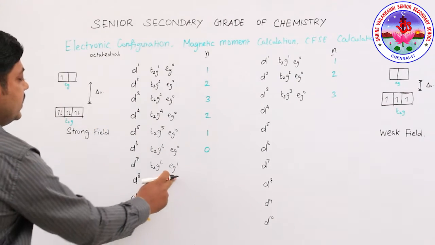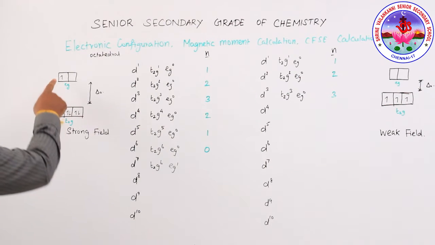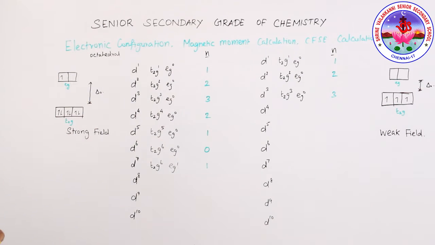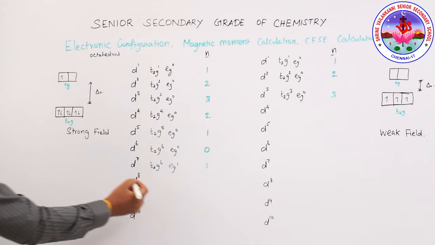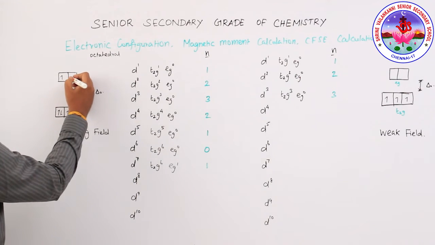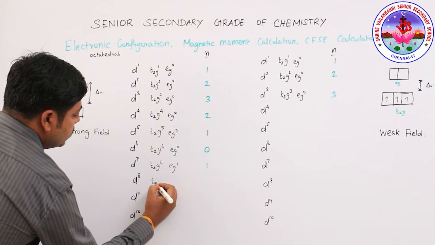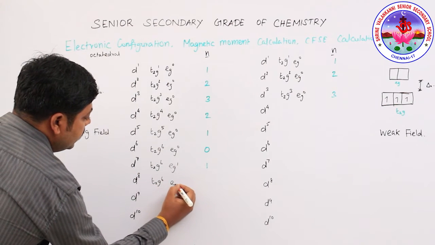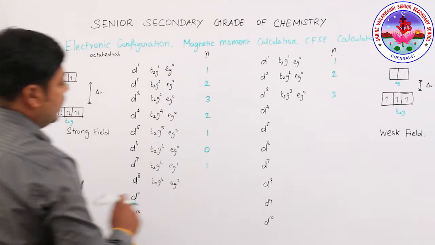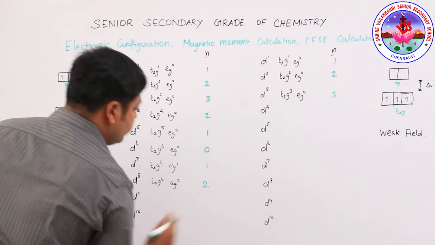So T2g 6, Eg 1. Here the number of unpaired electrons is 1. Then D8, the next electron enters the next subcell, that is T2g 6, Eg 2. Here 2 unpaired electrons are present.